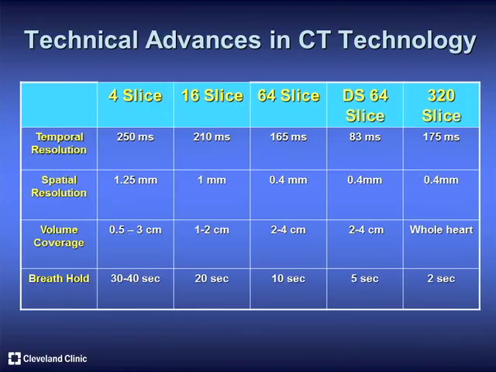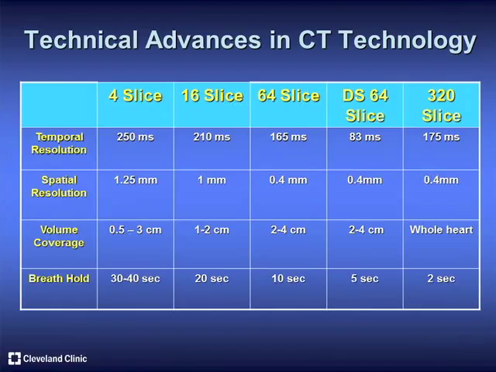When it was 4 slice, basically you would have a 30 or a 40-second breath hold. That's torture. That's Guantanamo Bay, if you want to know. From there, it has gone down to 5 or 2 seconds worth of breath hold time.